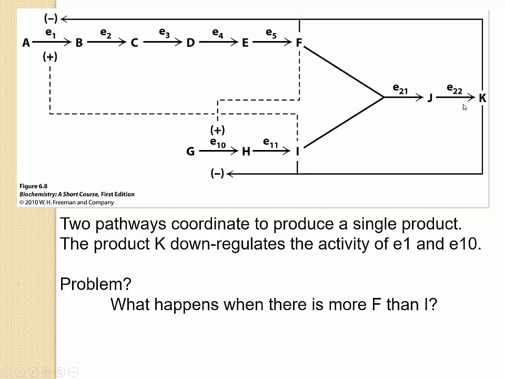Those will go on to form K. If K becomes overabundant, it slows down the formation of F and slows down the formation of I. Don't worry that the lines are dotted or solid. They're just doing that to make it clear, so it's not all just solid lines everywhere. So we have sensors. F senses its own abundance. Enzyme 1 senses the amount of F. If F is too high, it slows down.